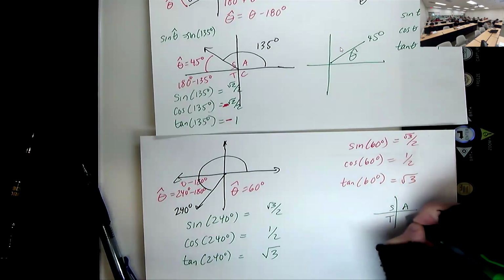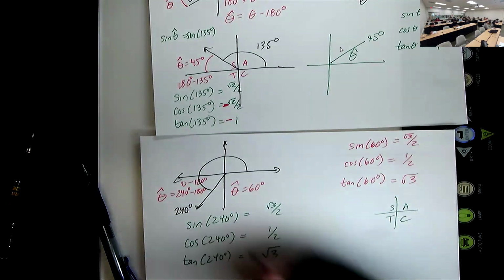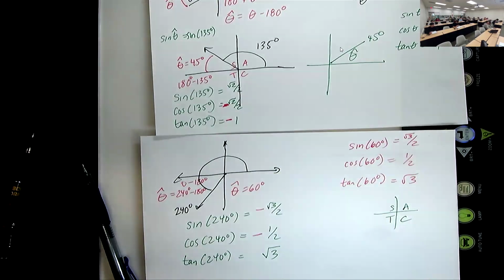All strippers take cash, only tangent is positive there. So sine and cosine get the negative. That's kind of neat.